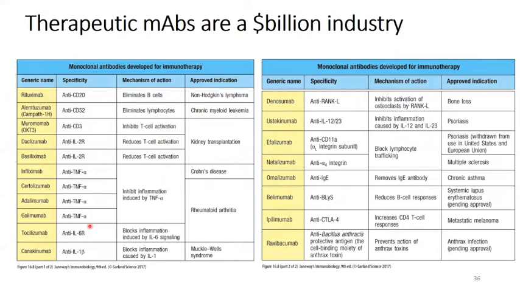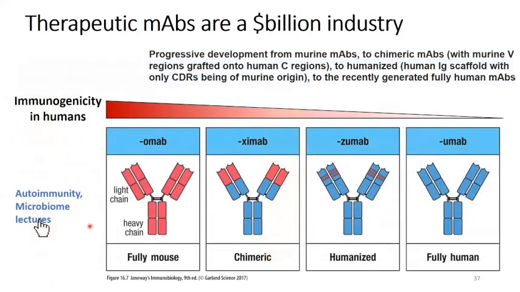So I'm not going to go into any detail. I just want you to be aware of the fact that there are lots of therapeutic monoclonal antibodies out there. And the terminology seems a little baffling at times, but there is actually a method to the madness. So a fully mouse monoclonal ends in omab, and then there are these other variants.